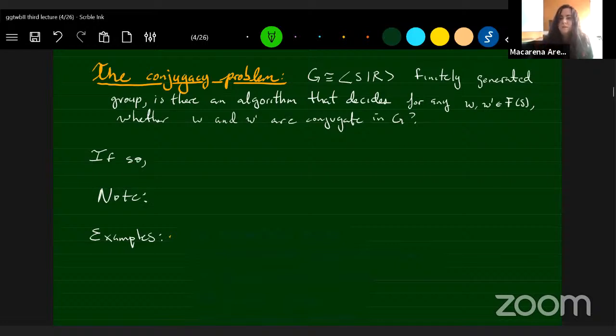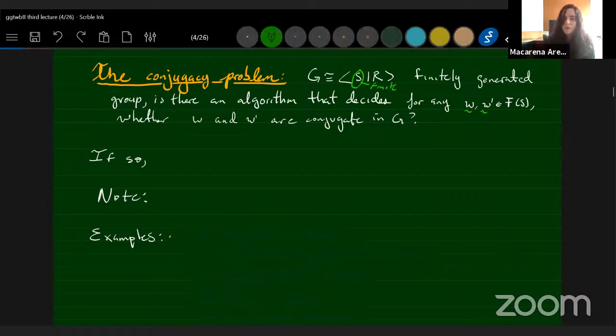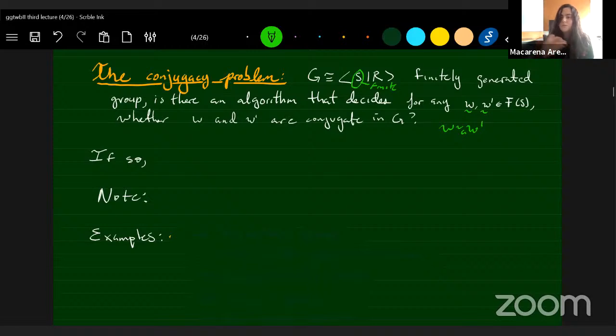Given a finitely generated group, given by a presentation where the generating set is finite, is there an algorithm that decides for any pair of words written as products of elements in the generating set whether those two words are conjugate in the group, whether they represent conjugate elements? The notation we're going to use here is w ~ w' in G, which means that w is conjugate to w' in G.